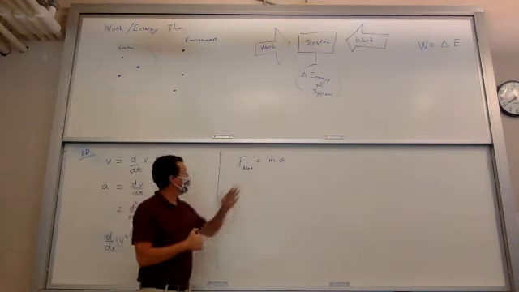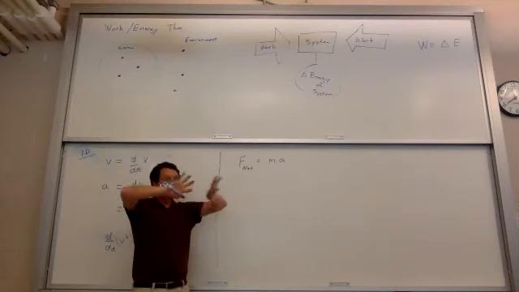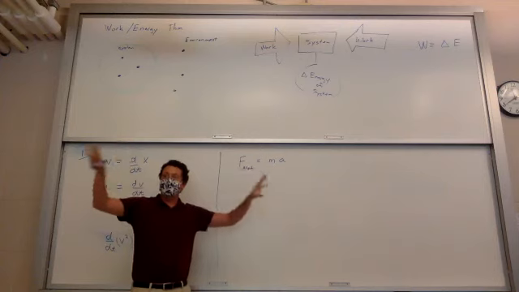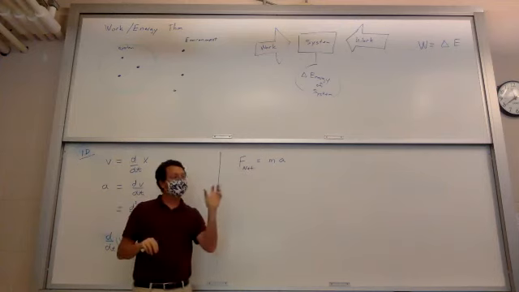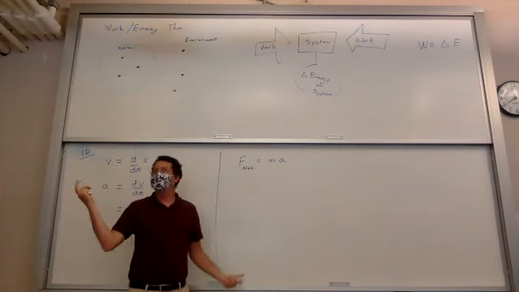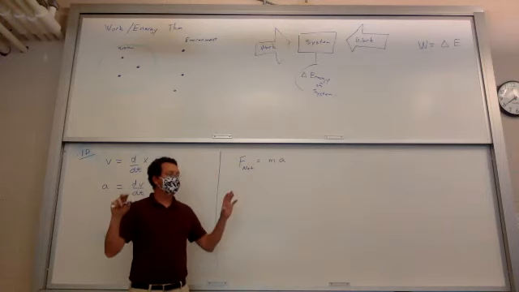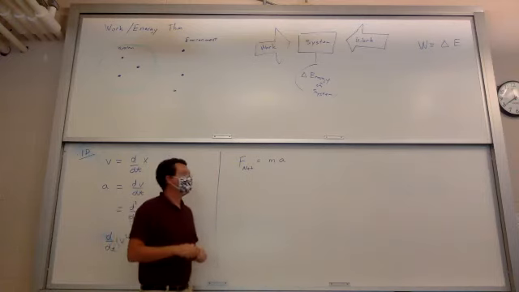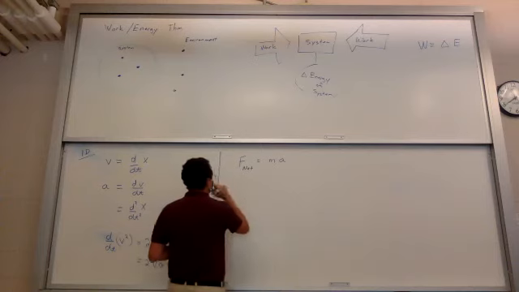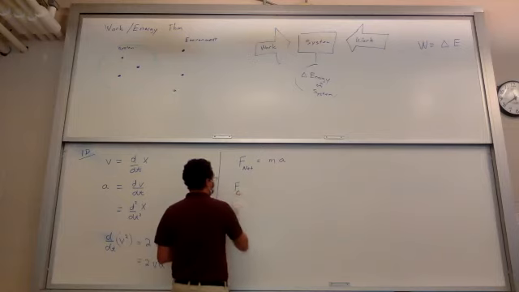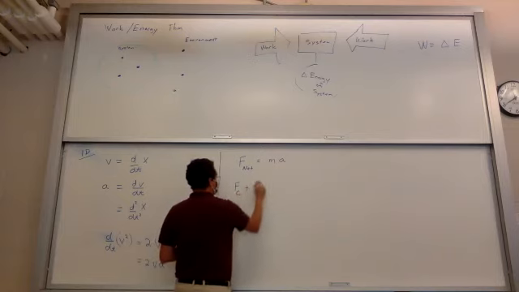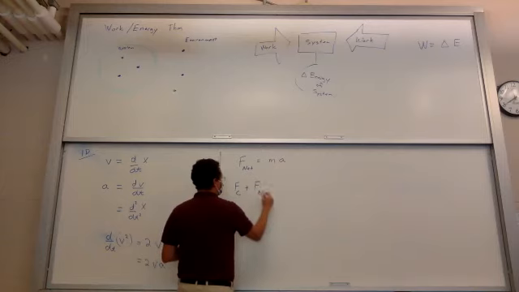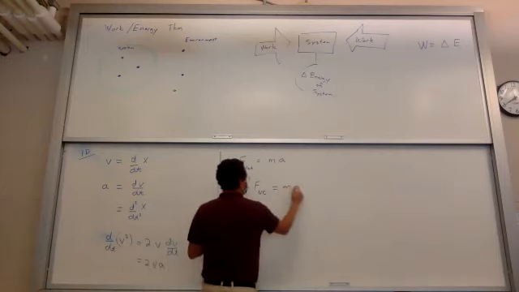Now, what we did last semester is that it's the net force, the sum of the forces, but we segregated the forces into two kinds. We call them conservative and non-conservative. So we said that the net force was the conservative force plus the non-conservative force, and that equals mass times acceleration.